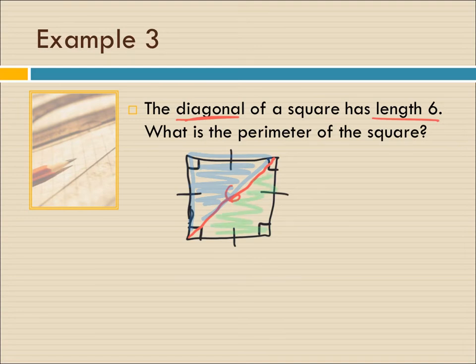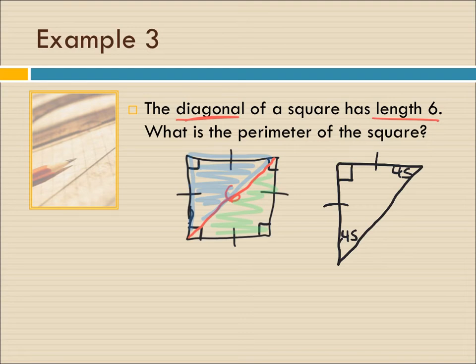So if I take a look at this one, if this is a right angle and if these two sides are the same, this tells me I'm dealing with a 45, 45, 90. So whenever you have a square and you draw in a diagonal, it creates two 45, 45, 90 triangles.